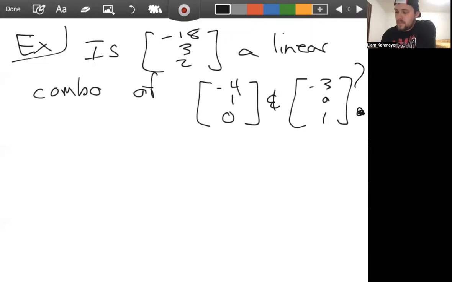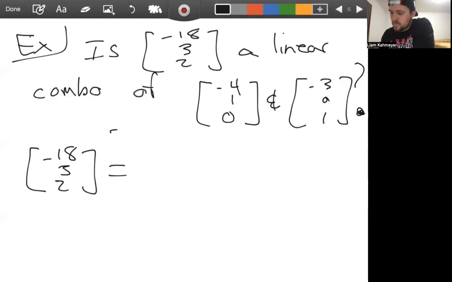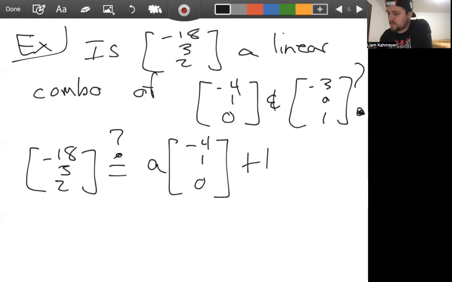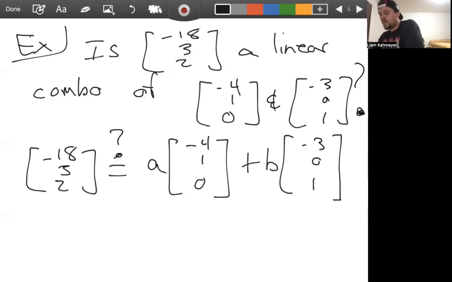If -18, 3, 2 is a linear combination of the other two vectors, then that means there exist two scalars such that -18, 3, 2 is equal to, and this is what we don't know, this is what we're asking, let's say A times -4, 1, 0 plus B times -3, 0, 1.